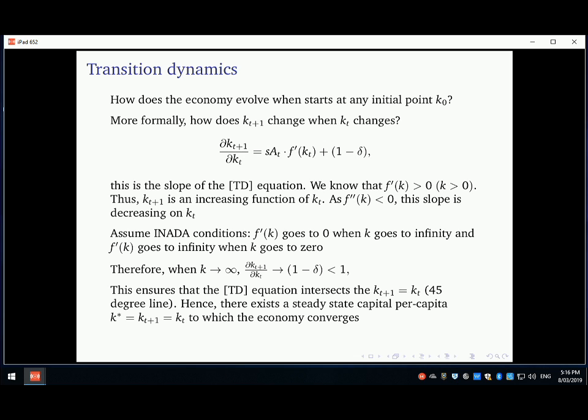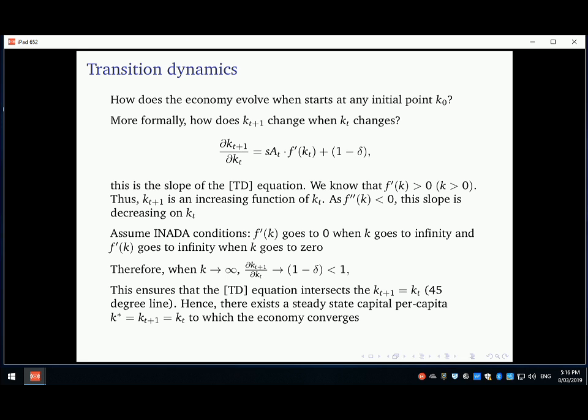The Inada conditions imply that if you increase one input so much, the additional return of that input is eventually zero because of the diminishing returns. Or the other extreme, where you don't have any input: there are 1,000 workers, but there is no machine to operate.